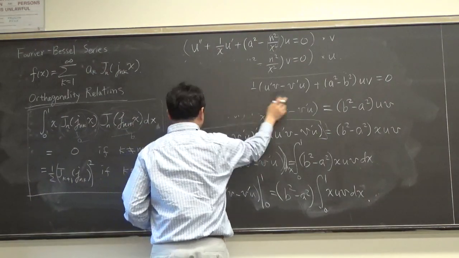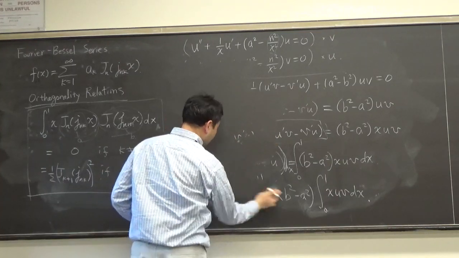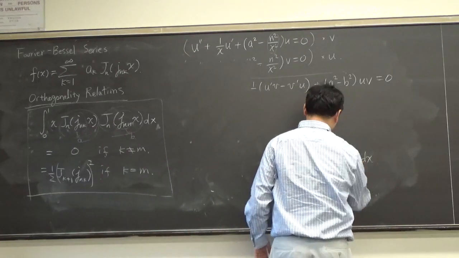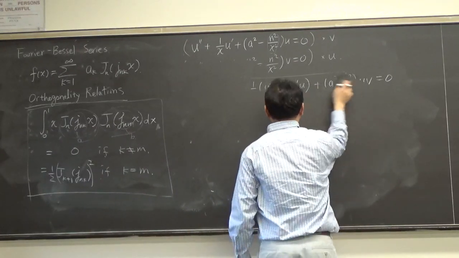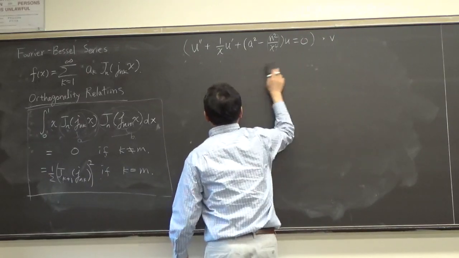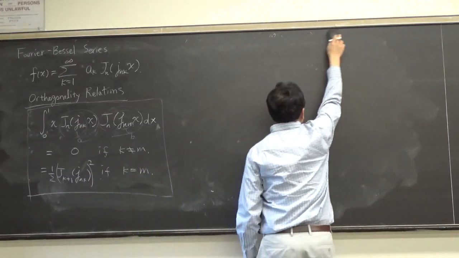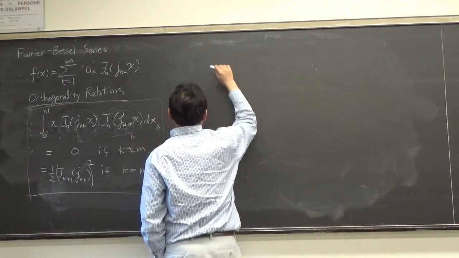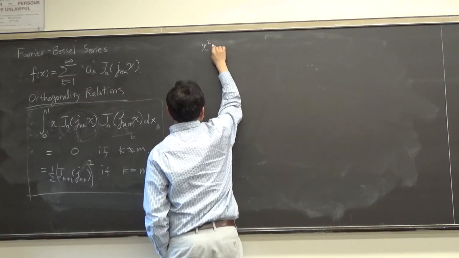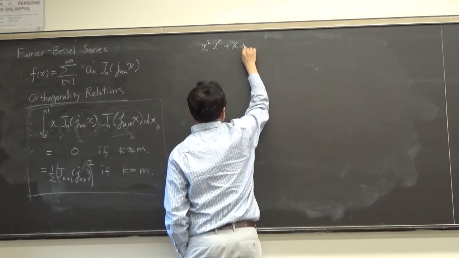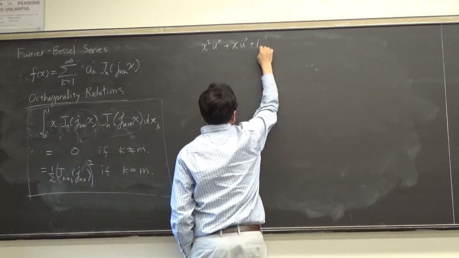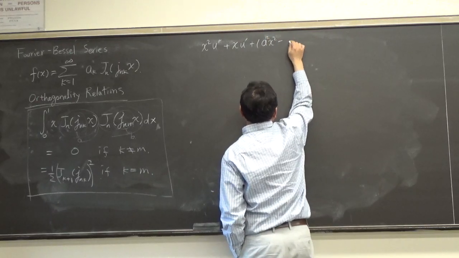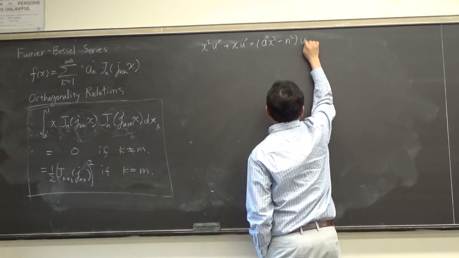Okay. Now the harder part, which is if K and M are the same, then what value do I get? Right, so in that case, I'm going to start with the equation for u, which is x squared u double prime plus x u prime plus a squared x squared minus n squared u equals to 0.